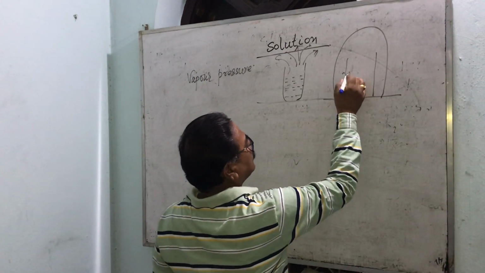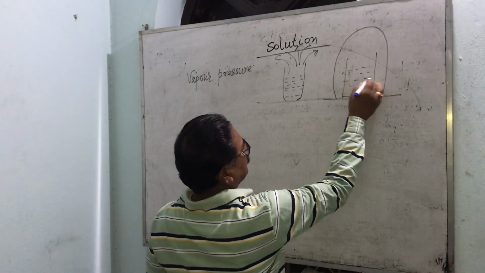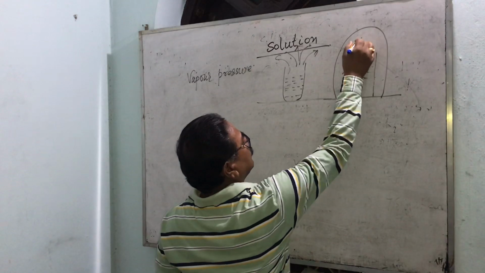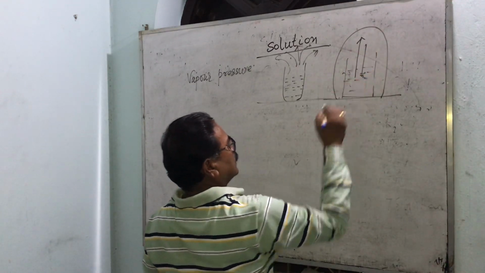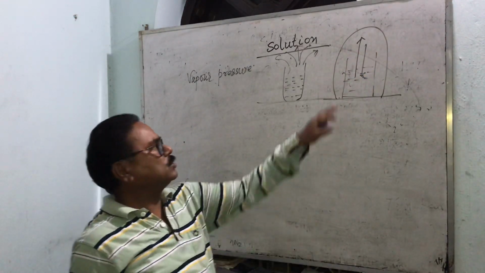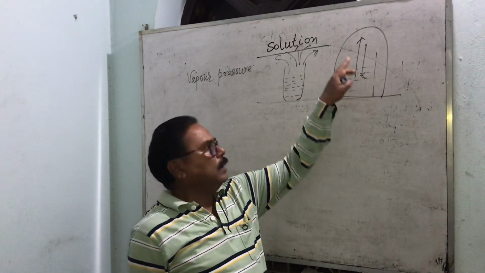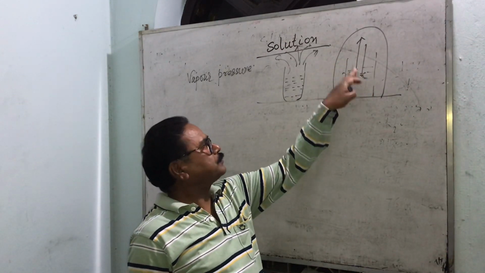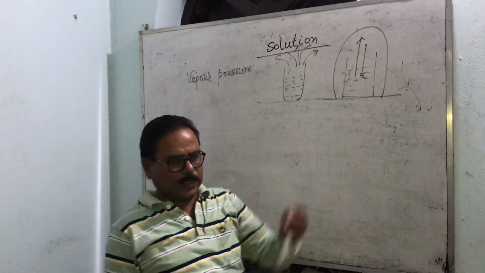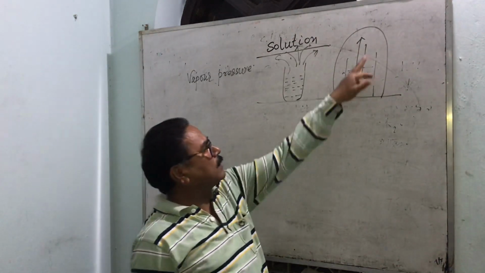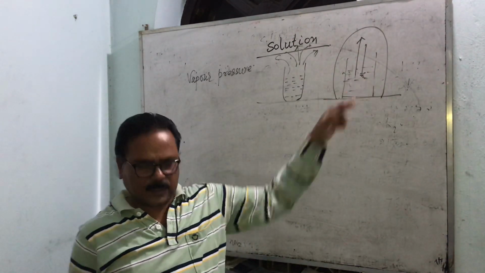So what will happen? When we heat it, some of the liquid will evaporate and the rate of condensation and evaporation is not equal. In the beginning, the rate of evaporation is more and the rate of condensation is less.